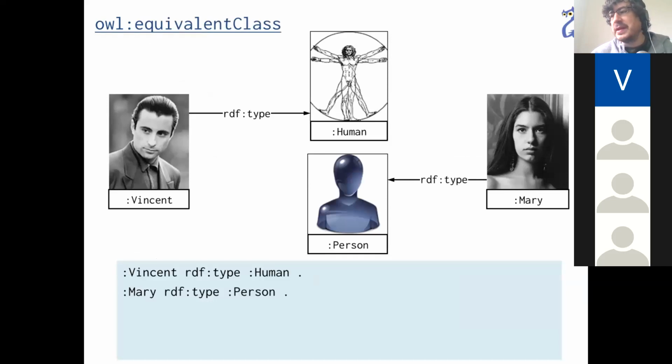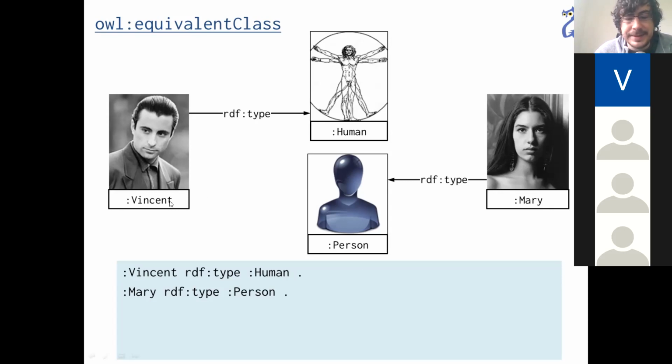So we move to the last category of axioms and definitions we have in OWL, which are the class axioms and definitions. The first thing we can do, rather straightforwardly, is define two classes to be equivalent, for example, human and person.